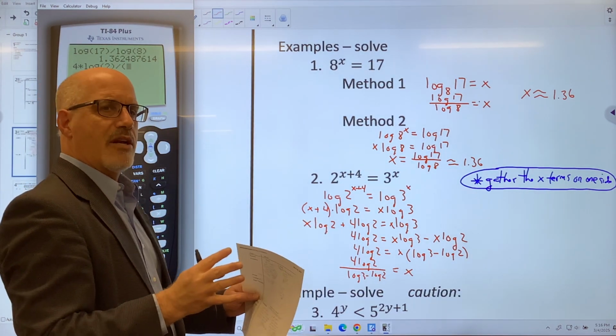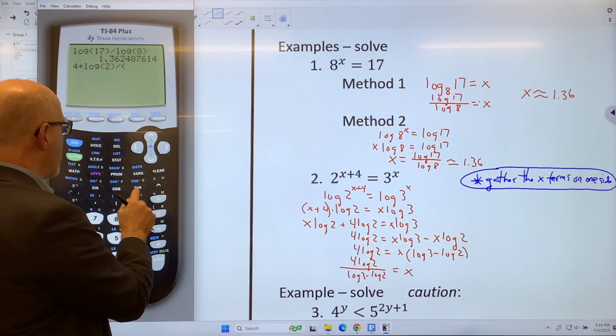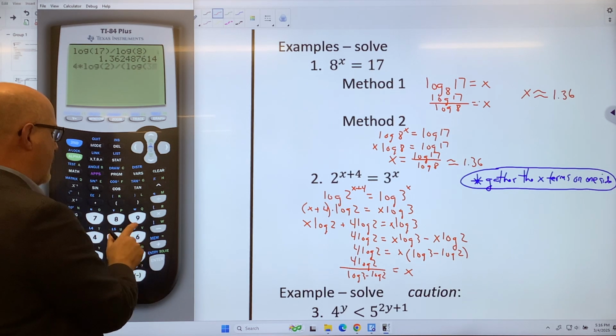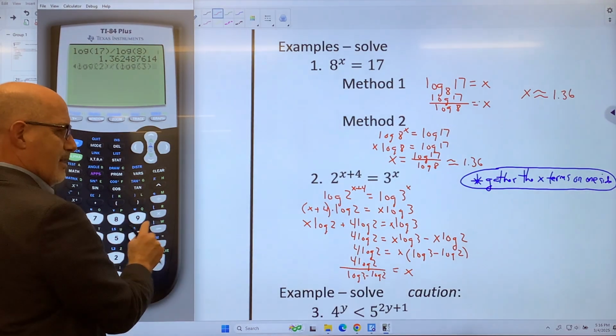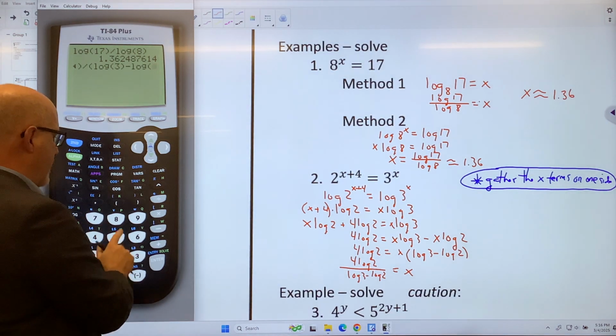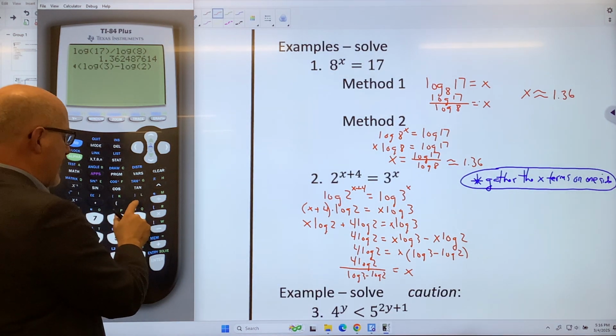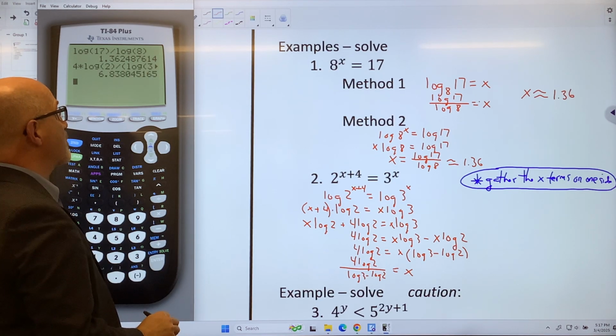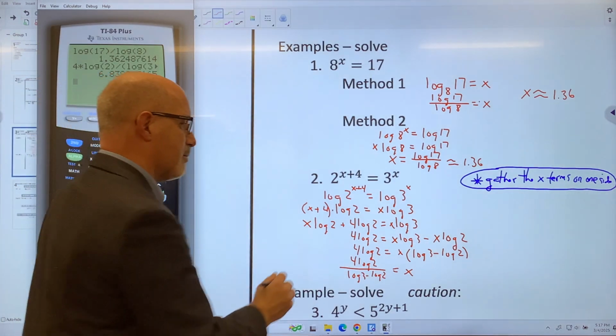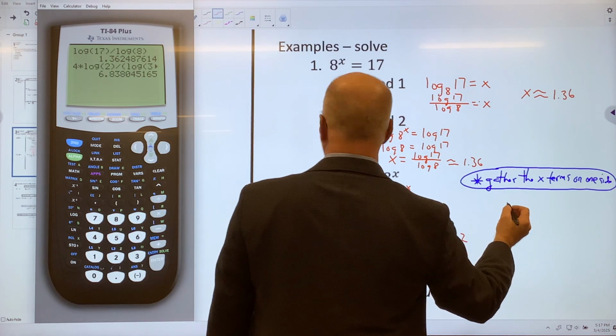The whole denominator has to stay together. So I'm going to do log of 3 in the parentheses minus log of 2, and end the denominator parentheses. And so my answer ends up being approximately 6.84. x equals about 6.84.